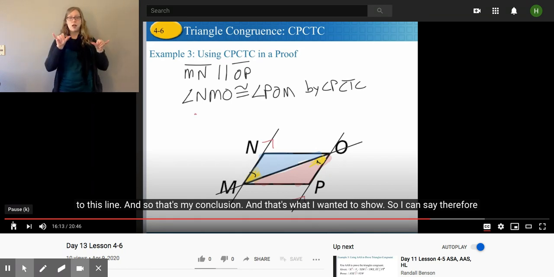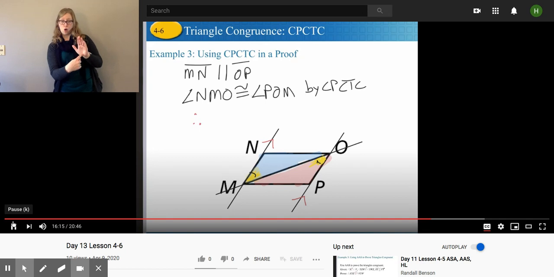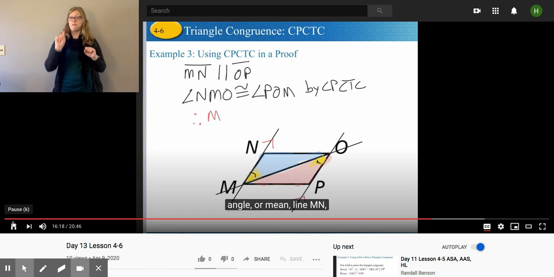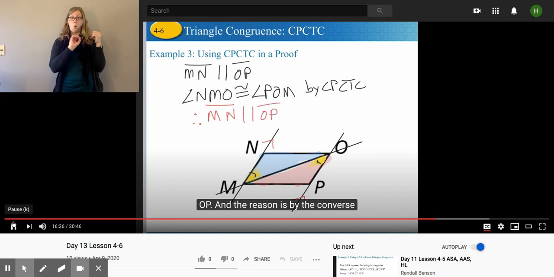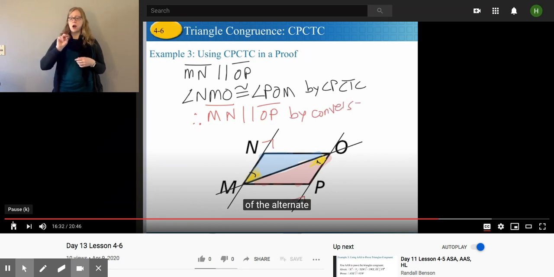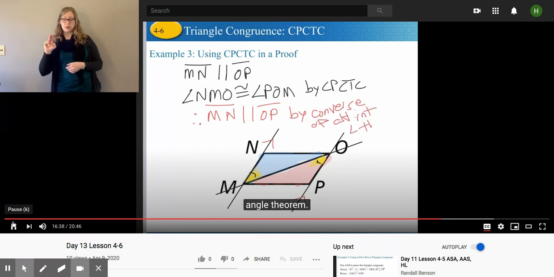So I can say, therefore, line segment MN is parallel to OP. And the reason is by the converse of the alternate interior angle theorem.